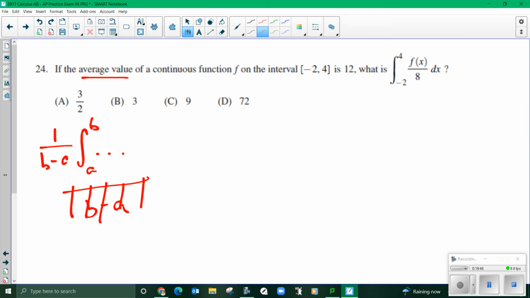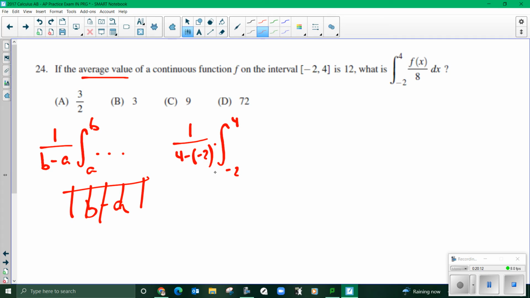And this is how I write it most of the time, just to get it out of the way of the integral. My integral that they give me here is the integral from -2 to 4. That means I got to multiply that, if I want the average, by 1 over 4 minus -2.